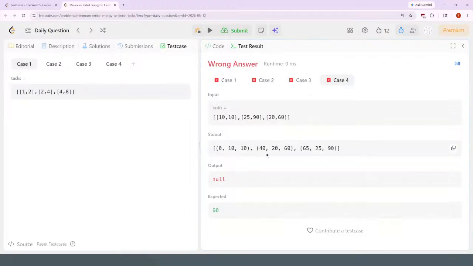It is 90 still, not 85. So 10 plus 20 is 30, but because 30 is smaller than 60, it has to be 60. Then 60 plus 25 is 85, and because 85 is smaller than 90, it has to be 90.